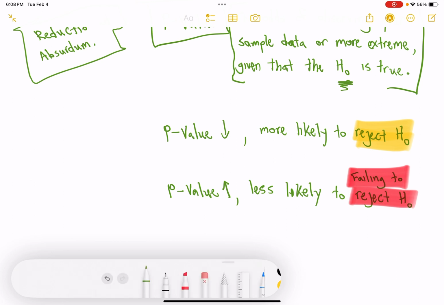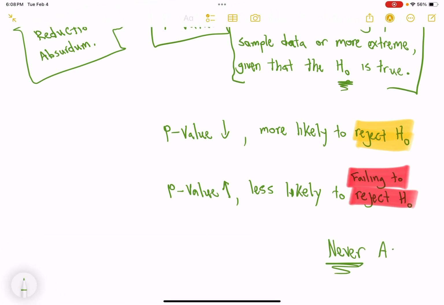We never accept the null. We never do that. Do not accept the null hypothesis. Why? We're stubborn. Also, why would you accept the argument of an authority figure just because you were unable to disprove it?